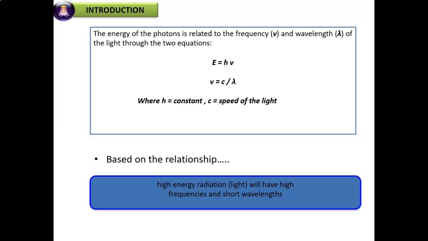Thus, given any one of the three parameters, the frequency, wavelength, or the energy, the other two can be calculated. So based on the relationship, high energy radiation E will have high frequency and short wavelength, and vice versa.